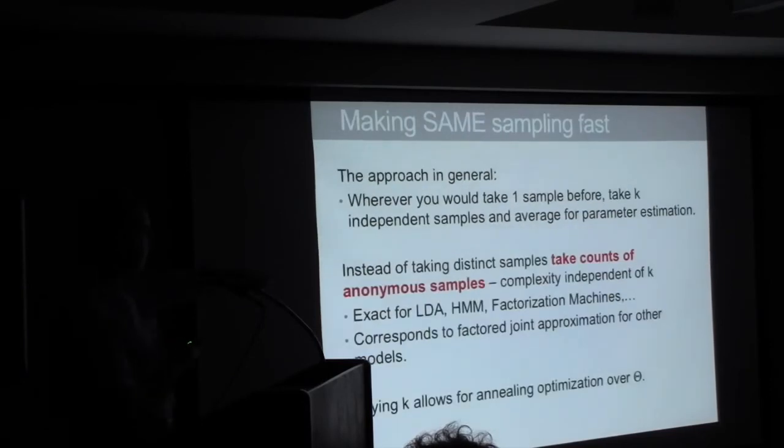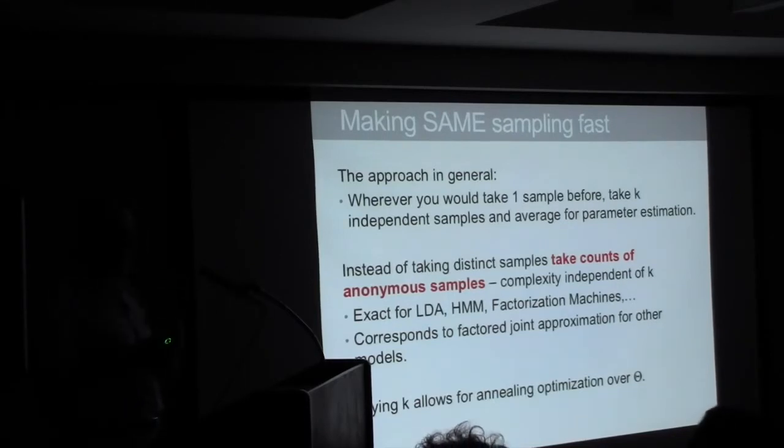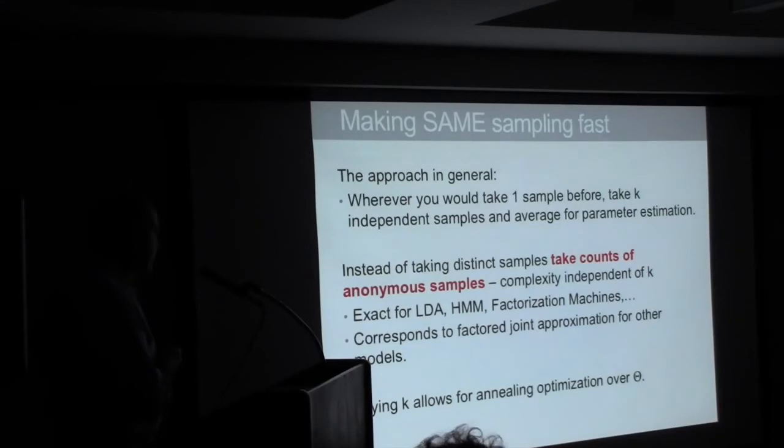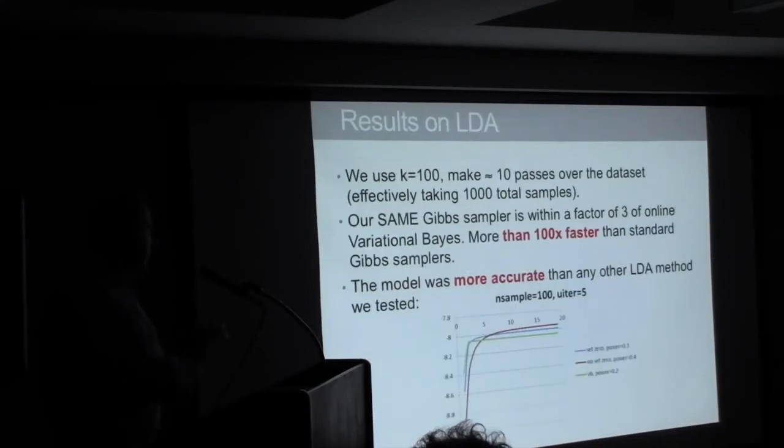We use one extra layer of trickery to avoid explicitly taking the Gibbs samples. Basically, we use Poisson sampling, or now binomial sampling, to essentially get the counts of the samples, so they become virtual samples. If you recall, the state-of-the-art methods make 10 passes over the data set.